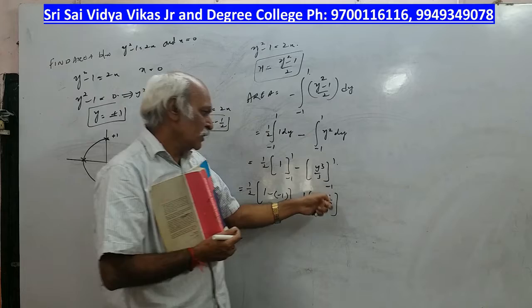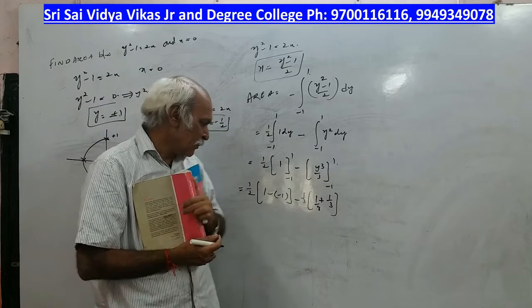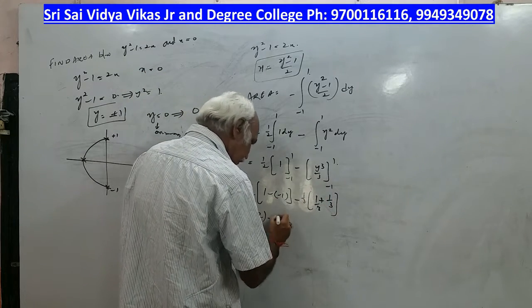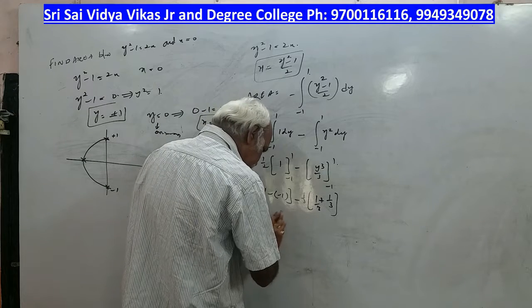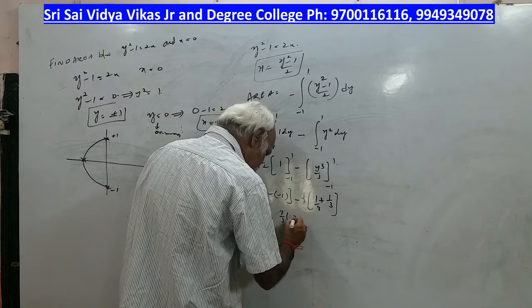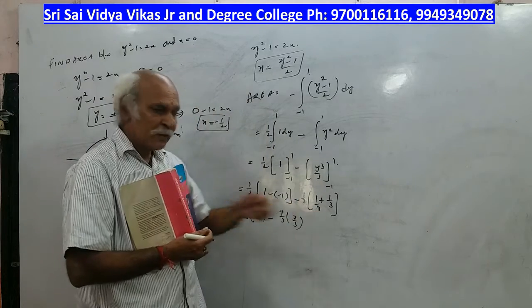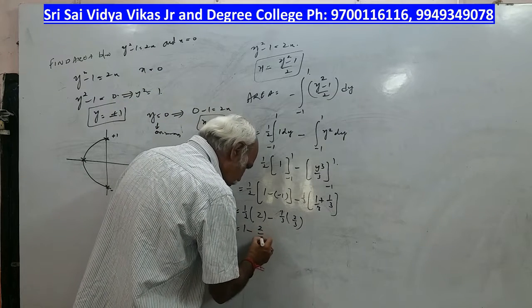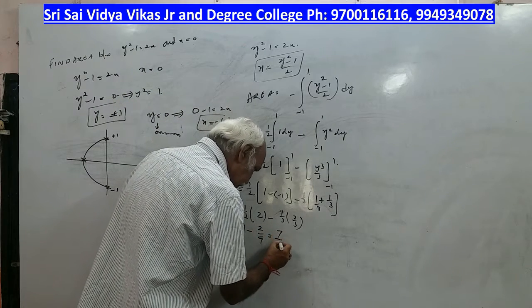Upper limit is 1, lower limit is minus 1. So 1 by 3 plus 1 by 3. So this becomes 1 by 2 into 2 minus 1 by 3 into 2 by 3.